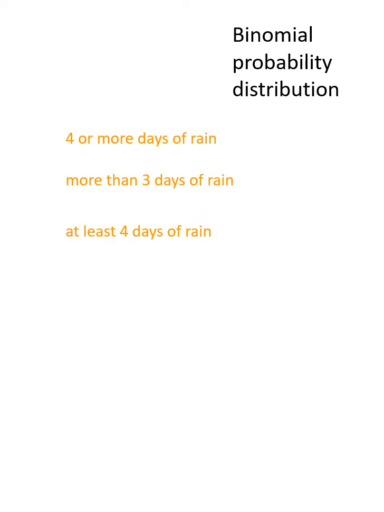This could also be rephrased, at least 4 days of rain, or no less than 4 days of rain. Again, if this makes sense to the way your brain processes language, great, you're lucky, and you would see these as the same question. If not, pause and think about it long enough to convince yourself that there are many phraseologies for any one of these questions, and be alert for those to change from one problem to the next as you go through and do these problems on your own.